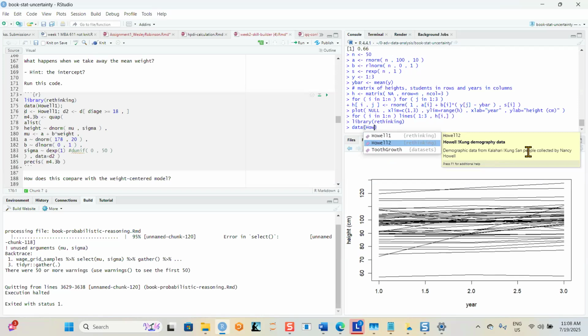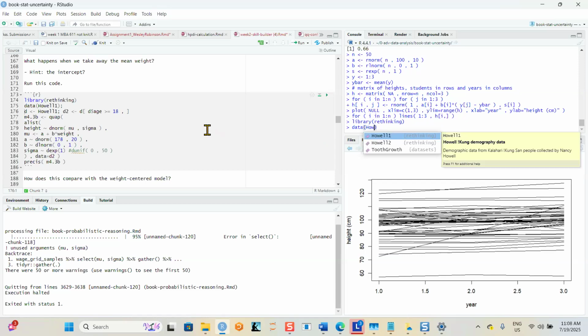Wonderful people. They survived. The rest of us are killing each other off, but they seem to survive somehow. Good stuff. Oh, tooth growth. No thanks. And what's Howell 2? Okay, I guess it's similar.